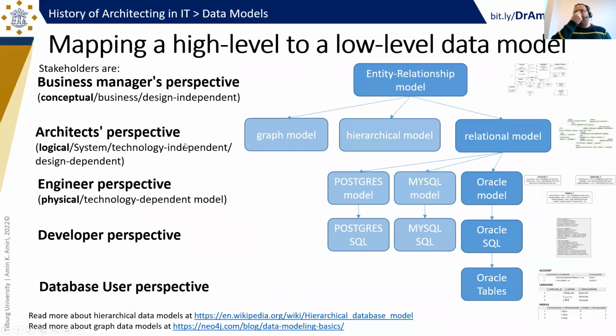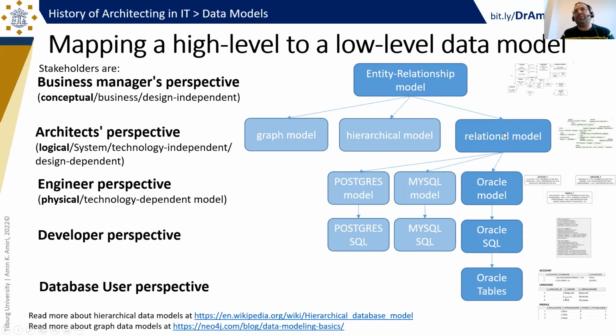So what happened here? I just want to give you a summary. From a business manager's perspective, the conceptual data model, which is called the entity relationship model, is created. That model itself is turned into a relational model, but keep in mind that we also have hierarchical and graph models. I haven't taught you those.